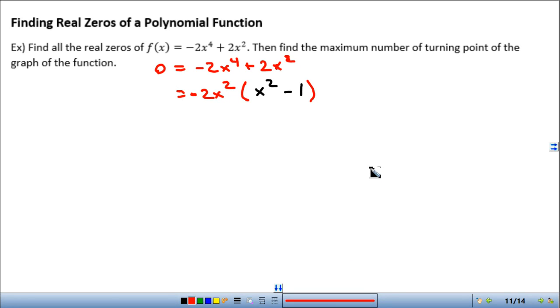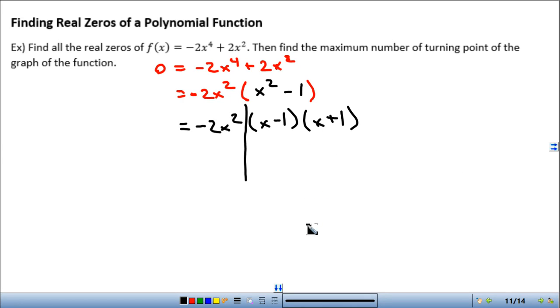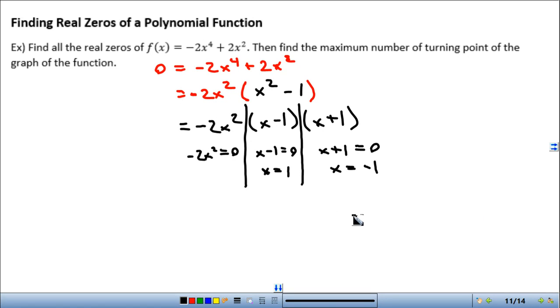Now I have x squared minus 1, which factors into negative 2x squared, x minus 1, x plus 1. Now I set each of these equal to 0. So negative 2x squared equals 0, x minus 1 equals 0, x plus 1 equals 0. So x equals 0, x equals 1, and x equals negative 1.